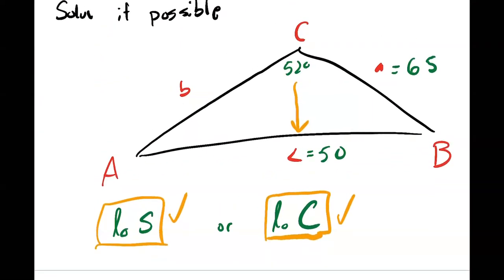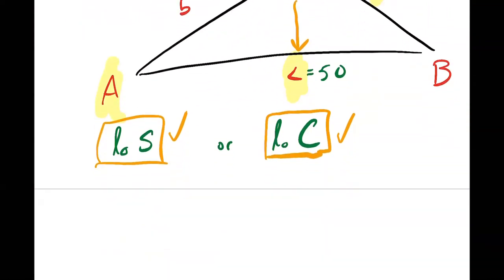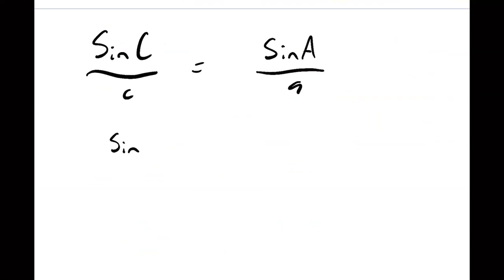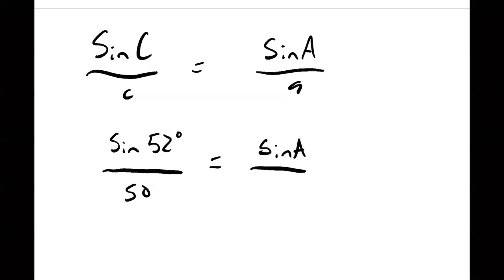So we want to apply law of sine to angle C and side C and angle A and side A. So this is going to be sine of C divided by C is equal to sine of A divided by A. Plugging in what we know, angle C is 52 degrees, side C is 50, we don't know what angle A is, and side A is 65.